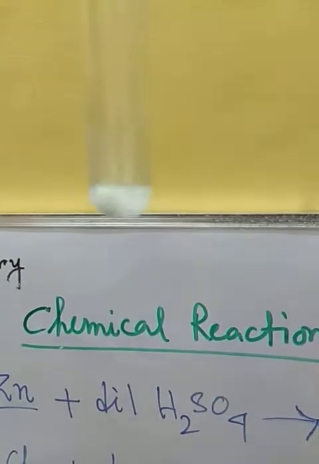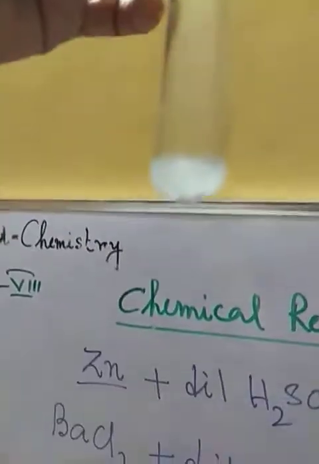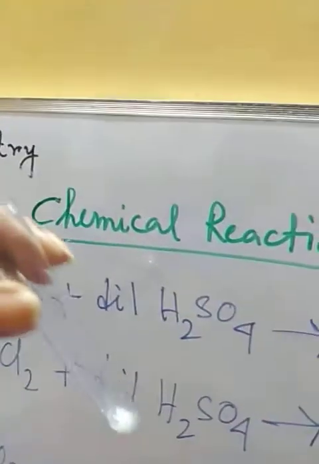Achha, now see, this precipitation is getting separated from the solution, just like curd getting separated from the solution. Hope you can understand this. That's why this is called curdy white precipitation.